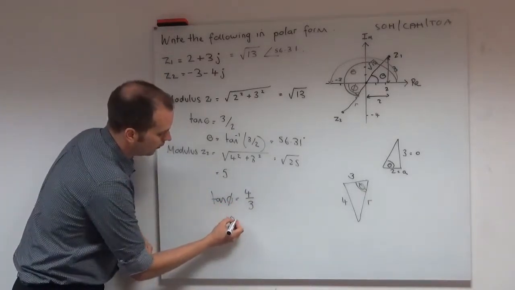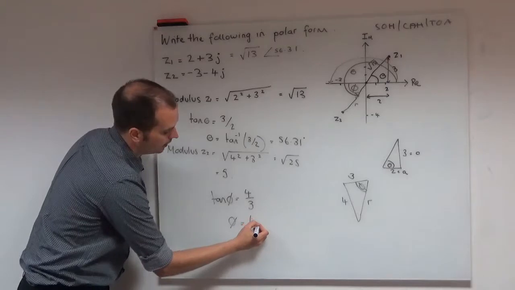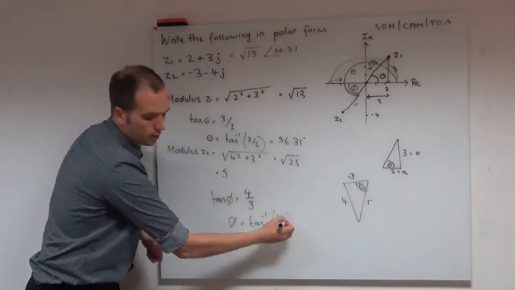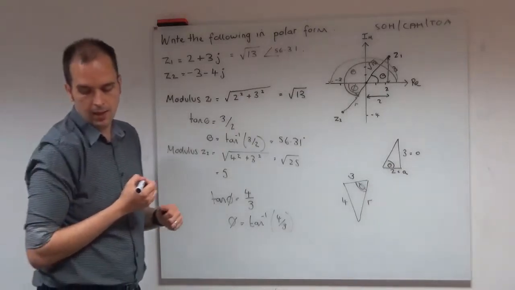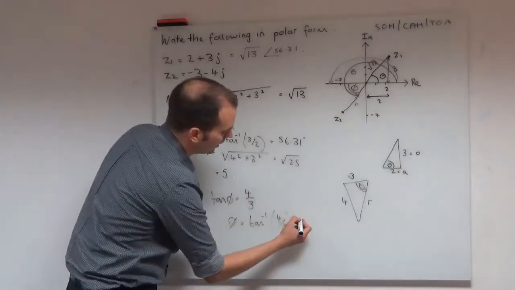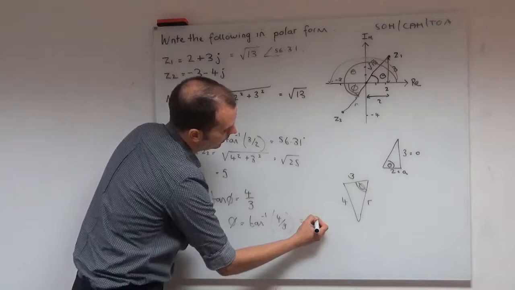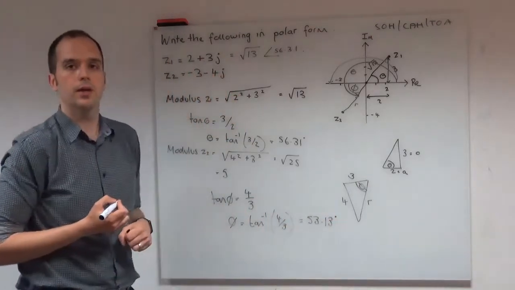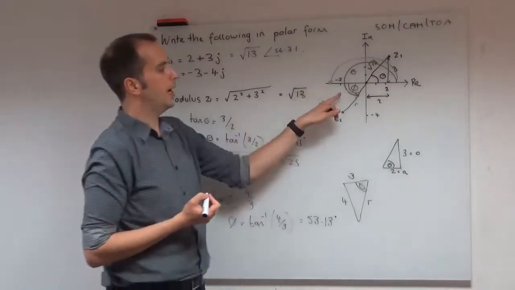And then to get the angle phi, it is inverse tan, so tan to the minus 1 of 4 over 3. And if we pop that into our calculator, you get approximately 53.13 degrees. But that's just this angle phi here.